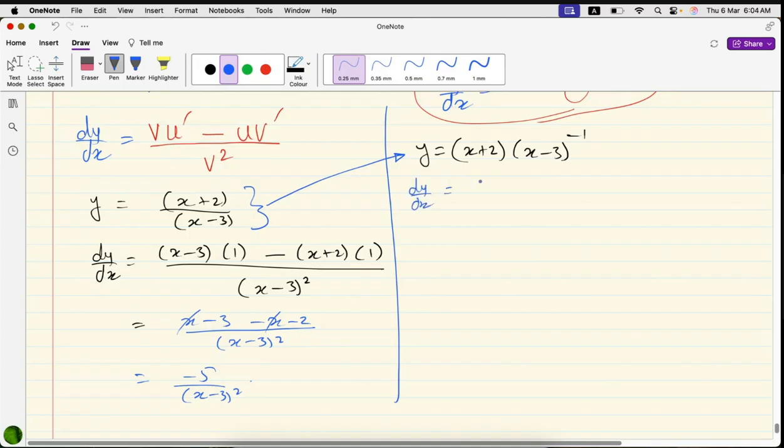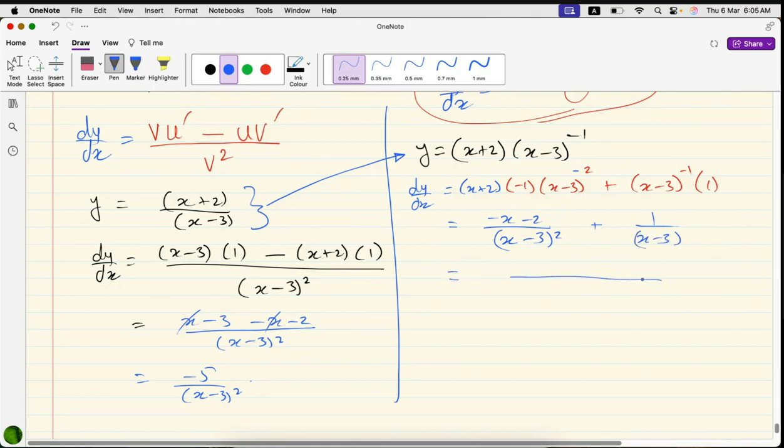Now this is product rule. First function into differentiation of second is minus 1 into x minus 3 whole square, plus second function x minus 3 raised to power minus 1 into differentiation of first. So trying to simplify, the negative sign changes: minus x minus 2 over, that was minus 2, over x minus 3 raised to power 2, plus 1 over x minus 3.